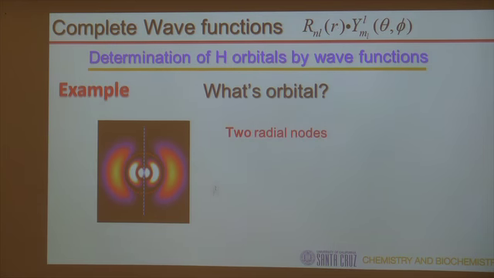And we have one angular node, so L equals 1. Then n equals what? L equals 1, n equals 4. With 4 minus 1 minus 1 equals 2.